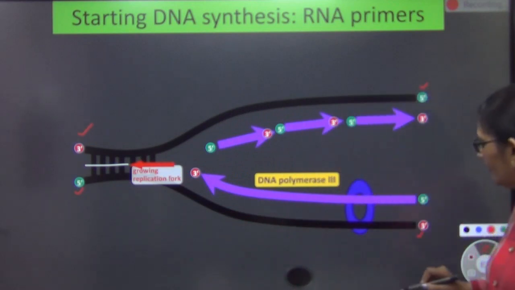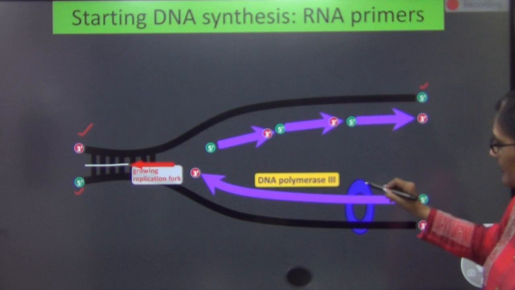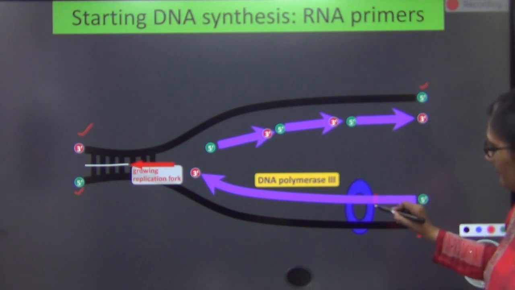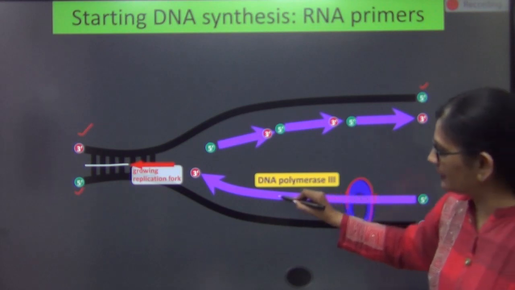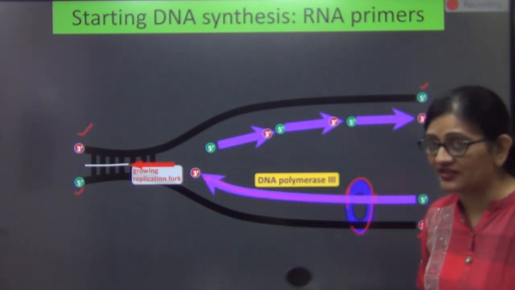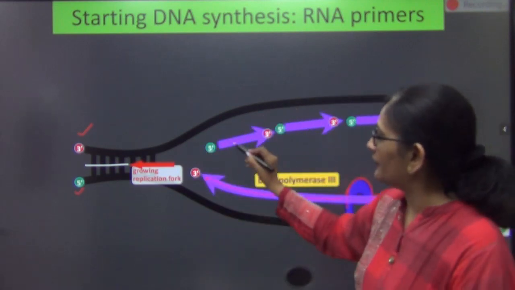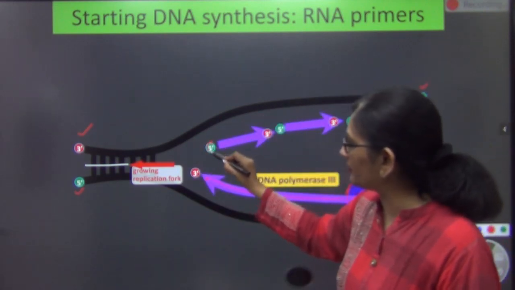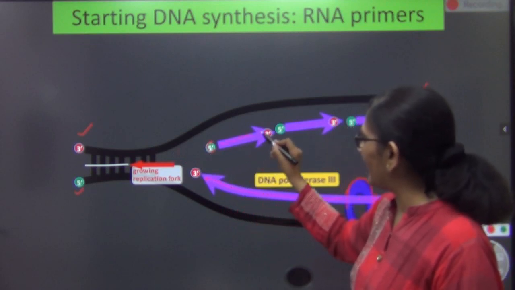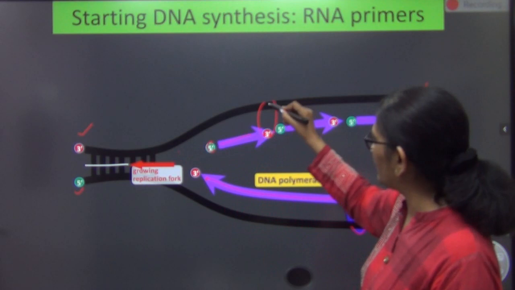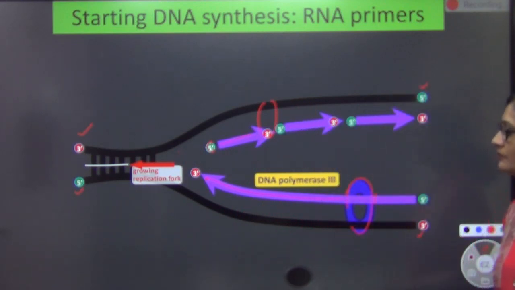On the DNA with polarity 3', 5', up to here is the primer, then the polymerase enzyme will act, and the polymerase will continue the DNA replication in this direction. But the other strand, which has a polarity 5', 3', the replication will start from the point of the replication fork, and from here first the primer will be added, and then the enzyme DNA polymerase will allow the replication to take place in this direction.